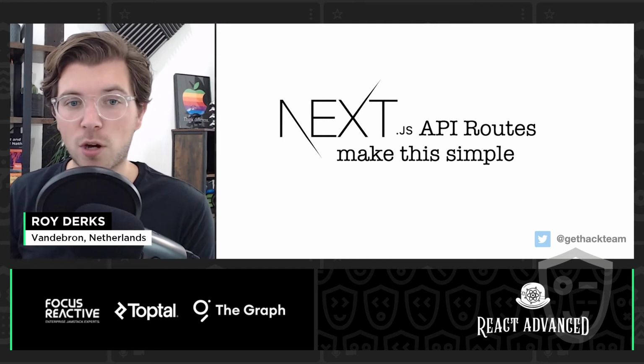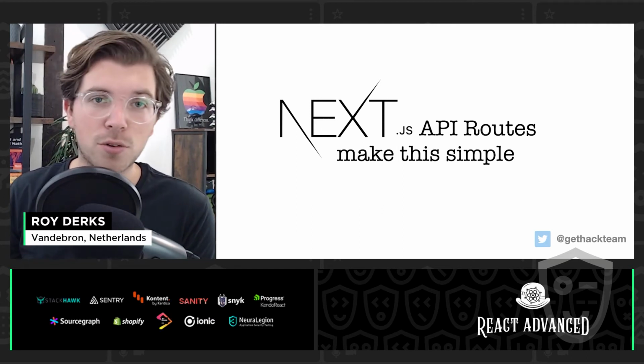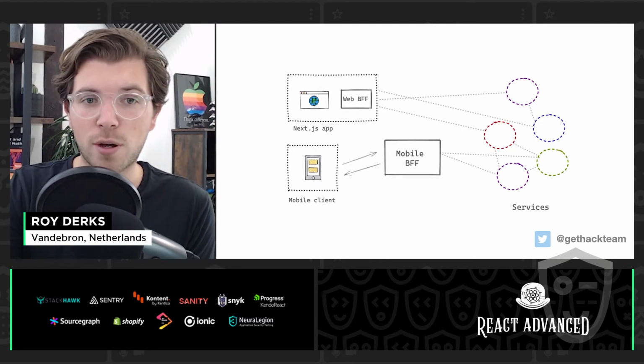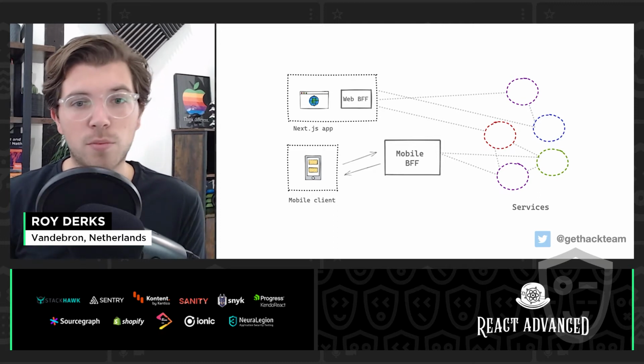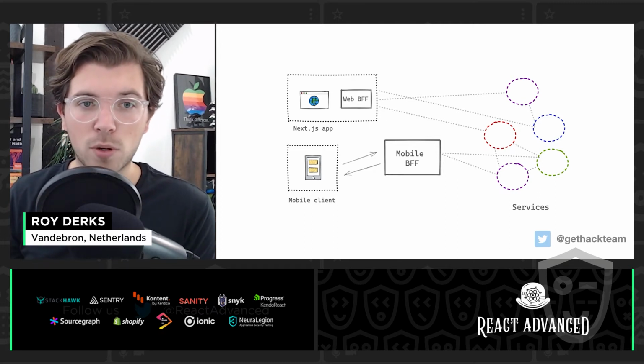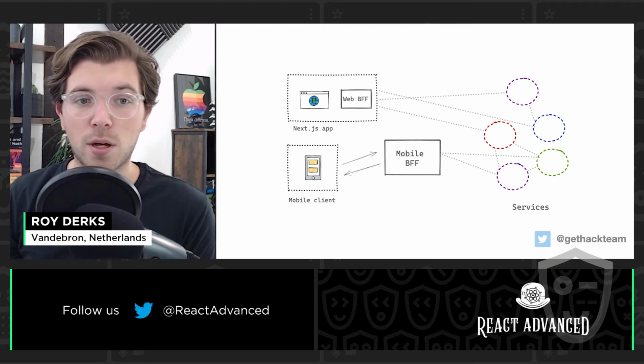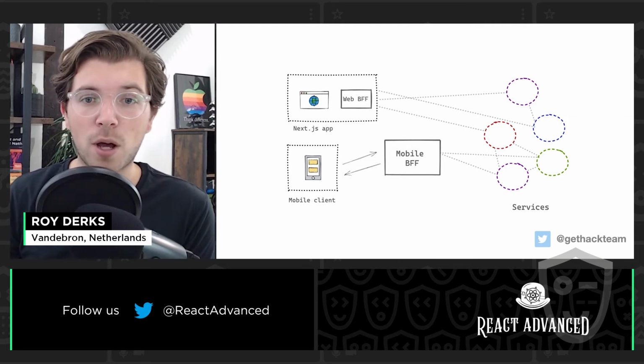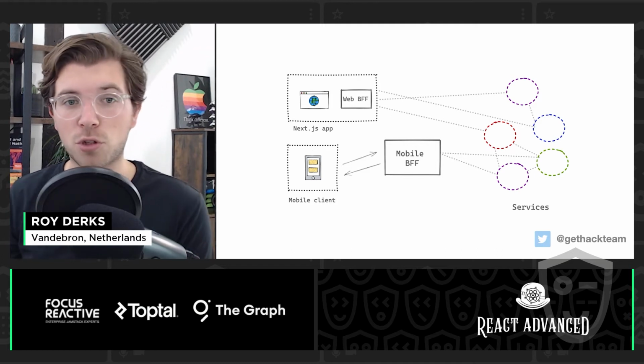Before we go under the hood on why API routes are good, let's show what it does to our architecture. Before, we had one backend for frontend for the web that was used by our web client, and then a separate one for the mobile client, and of course all the services.